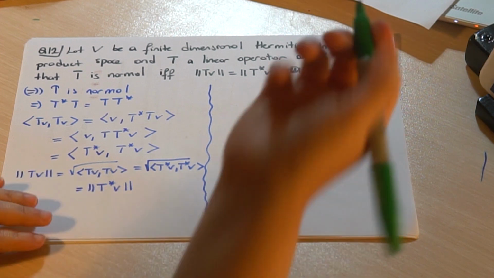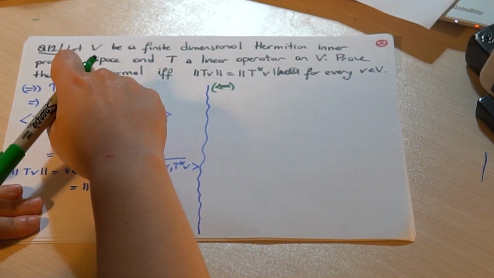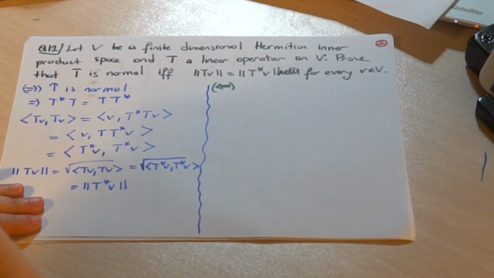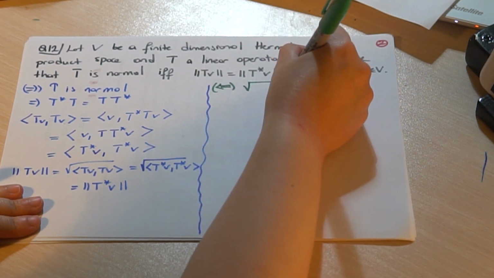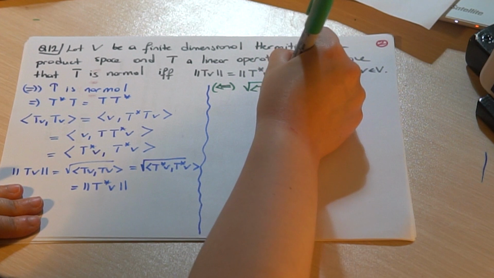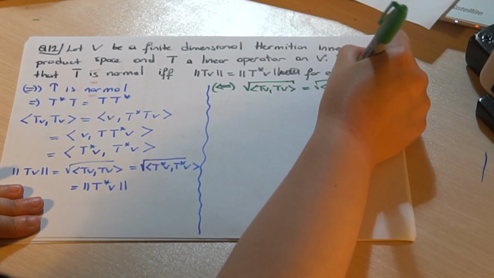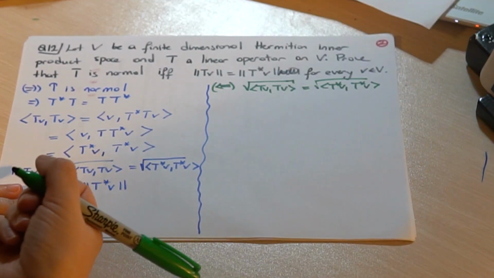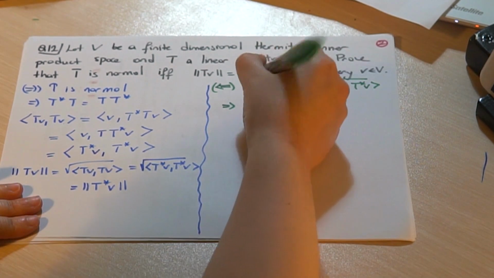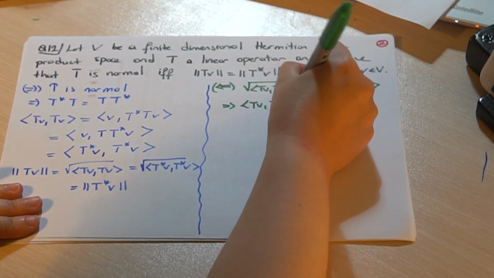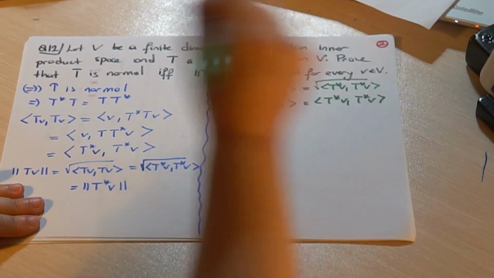Now we need to prove the second side, which is: if this is true, then we can say that T is normal. Now, from here, this implies that the square root of ⟨Tv, Tv⟩ is equal to the square root of ⟨T adjoint v, T adjoint v⟩. If we take the square of each side, we will have ⟨Tv, Tv⟩ is equal to ⟨T adjoint v, T adjoint v⟩.